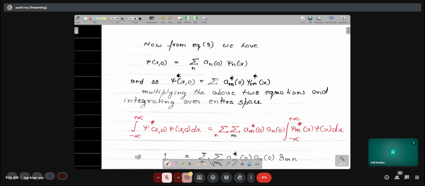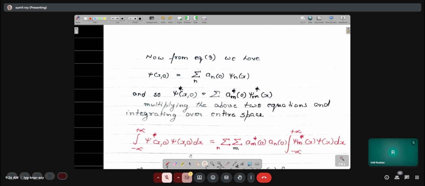And what about this term? Is it the left hand side is mod psi square dx integrated over the entire space?